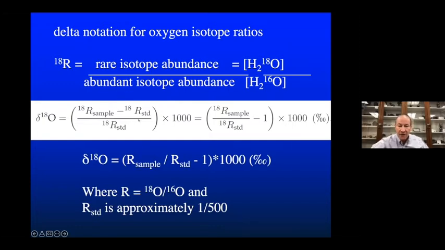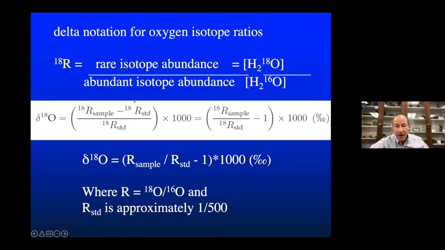We subtract some arbitrarily defined standard and then make a ratio over the standard so that if there is more O18 in the sample, this term becomes positive. If there's more O18 in the standard, this term becomes negative.